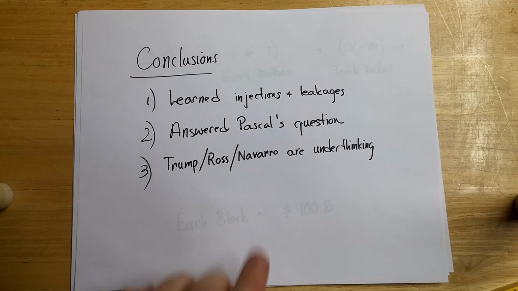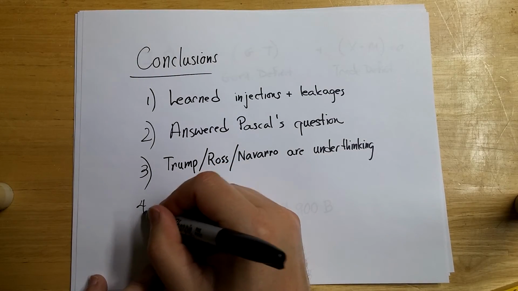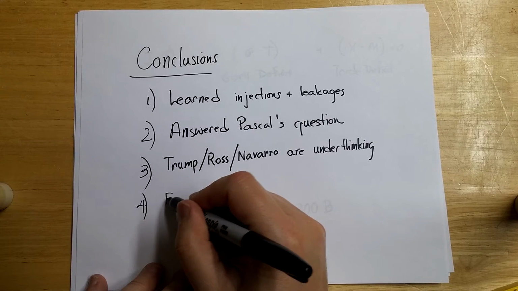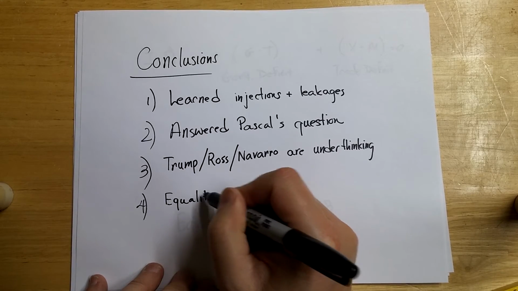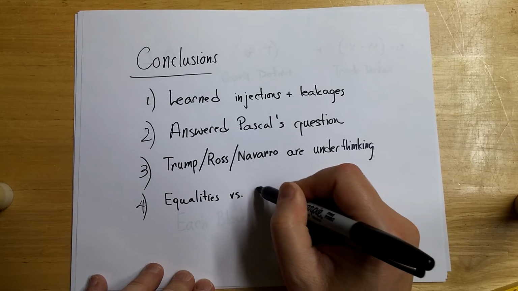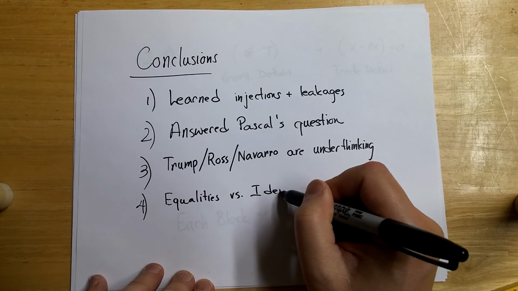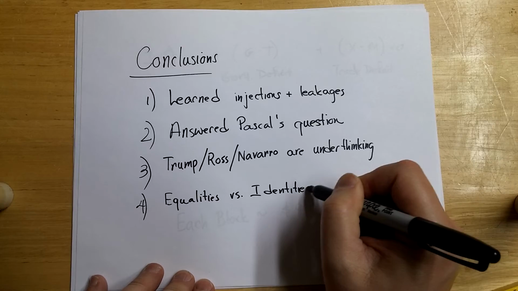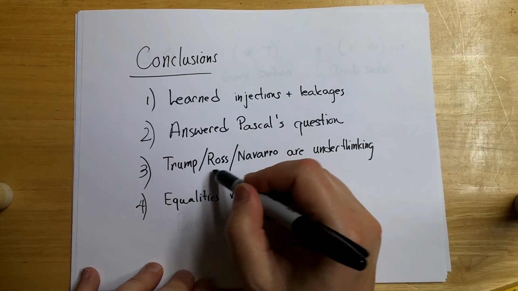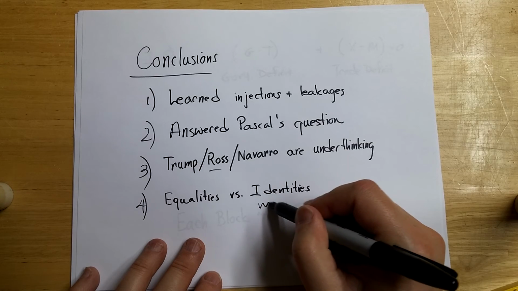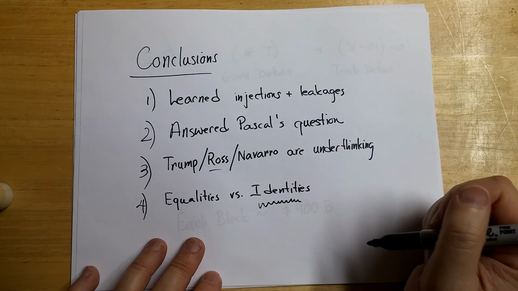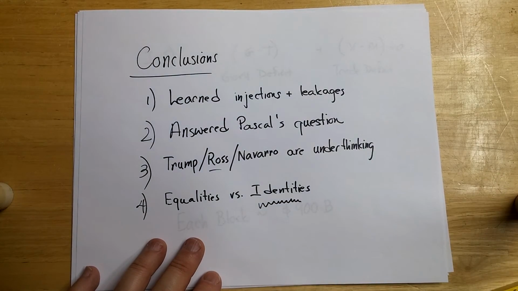Okay? And then 4, we've done this stuff about equalities versus identities. And the real shortfall in what Ross is doing is not recognizing that the way we count up GDP and the way we break it down is an identity.